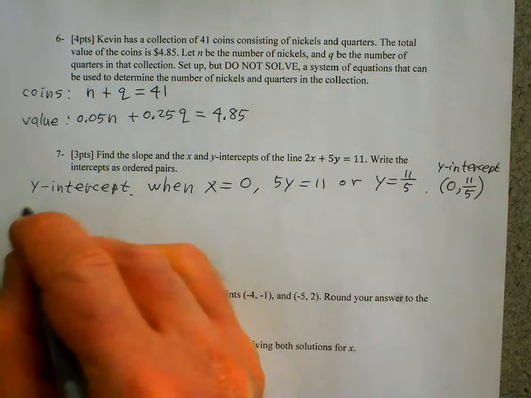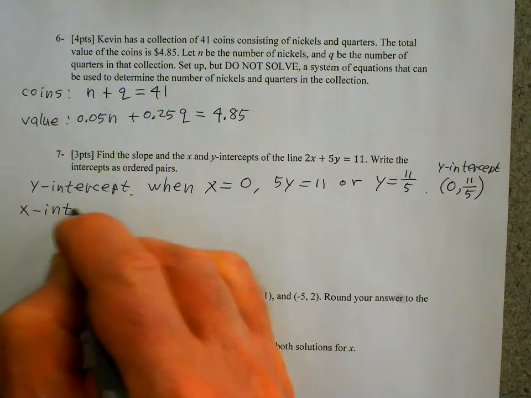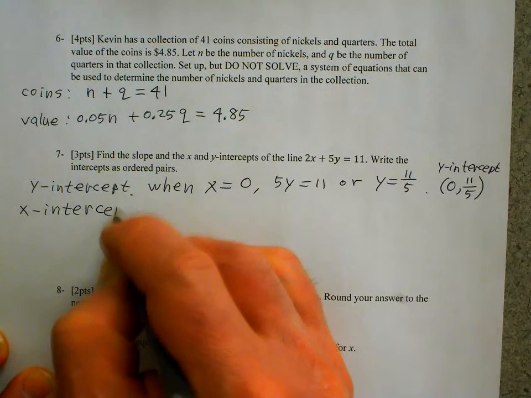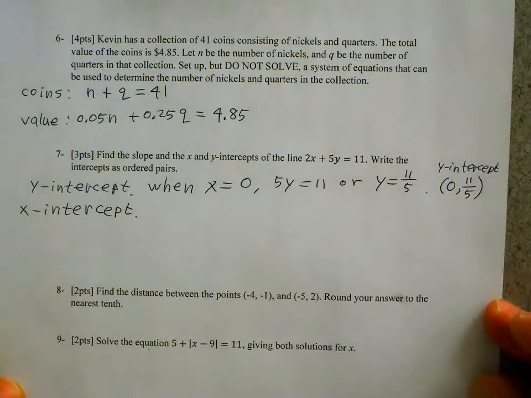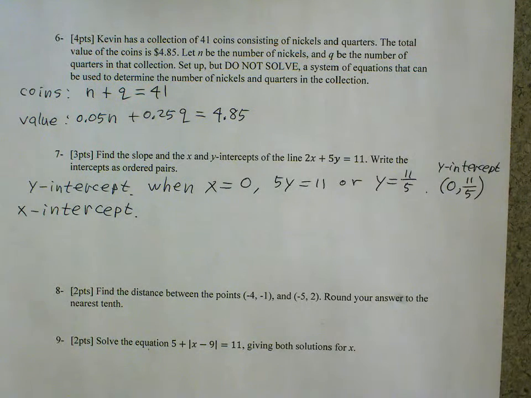Okay, to find the x-intercept, what's true about every x-intercept? Well, if a line crosses the x-axis at a point, that point is the x-intercept. But what's true about every x-intercept besides the fact that it's the place on the x-axis that the line crosses?